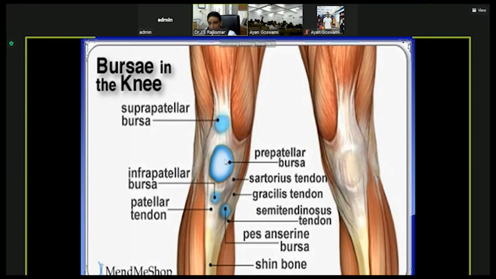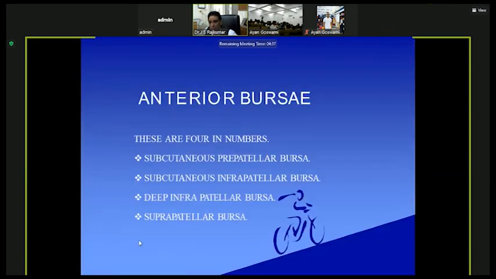Prepatellar is bang in front of the patella, infrapatellar is deep to the patella or low down inferior, and there can be about 2. These together are known as bursae. Then the anterior ones: subcutaneous prepatellar, subcutaneous infrapatellar, deep infrapatellar, and deep suprapatellar.